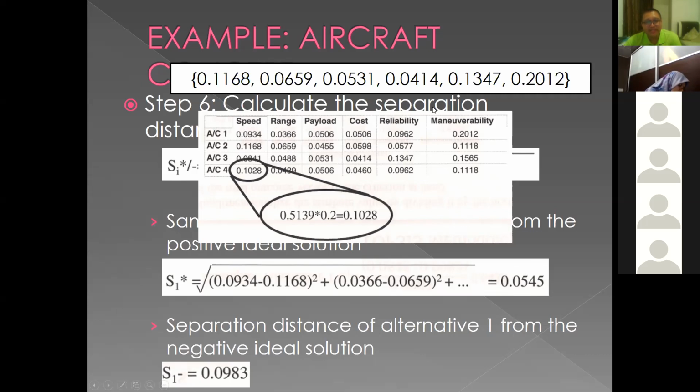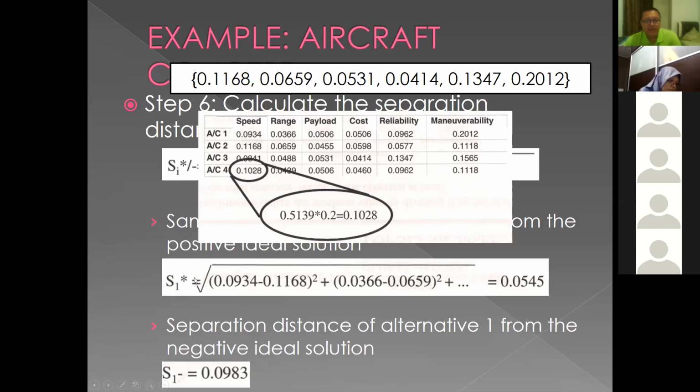But for the separation distance, it is calculated aircraft by aircraft, or concept by concept. Okay, clear? For separation distance, the calculation is done concept by concept. First, we do the whole first concept, the speed, range, etc., and then do again for the next aircraft.